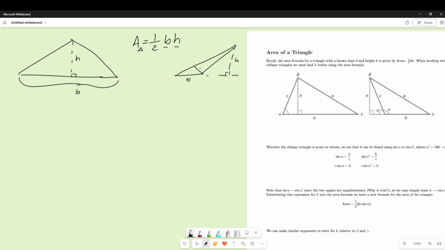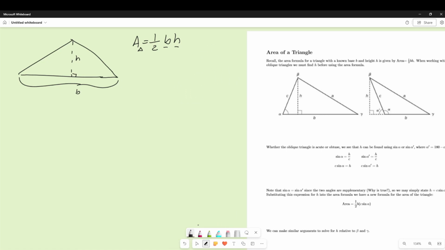But you could also call that the height and that the base. Or that the height and this the base. As long as they're perpendicular to each other, base and height are fine.